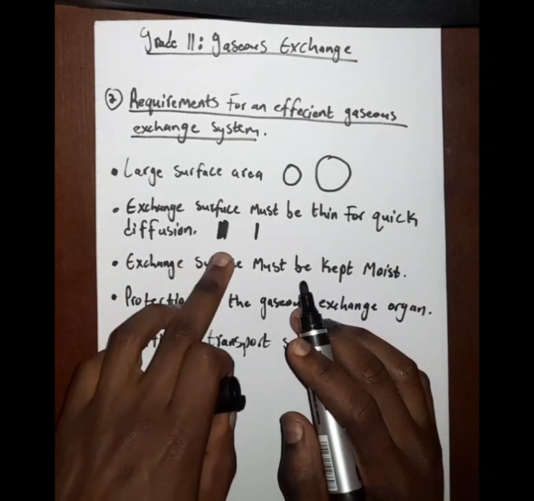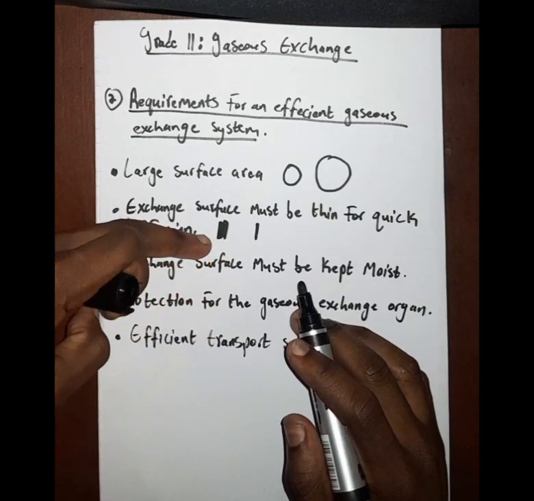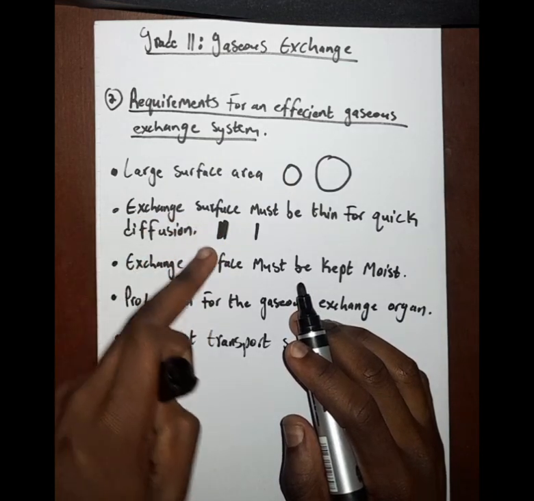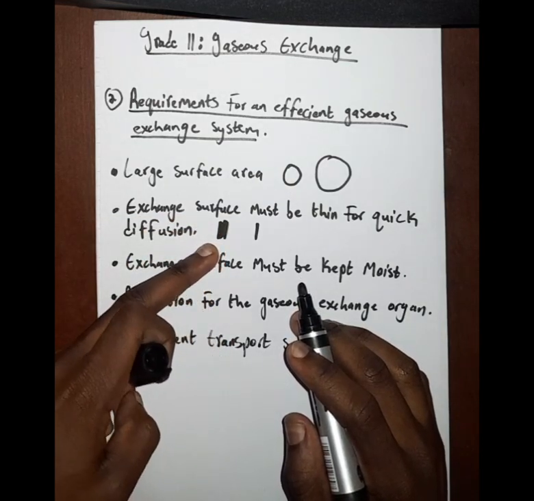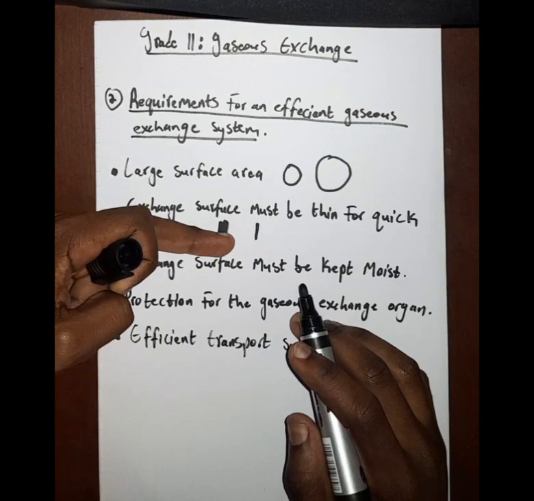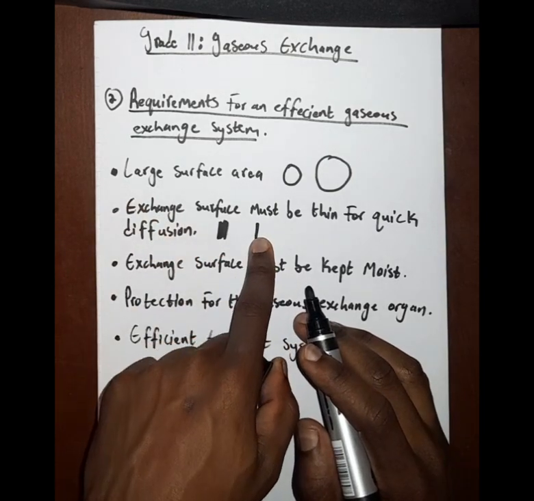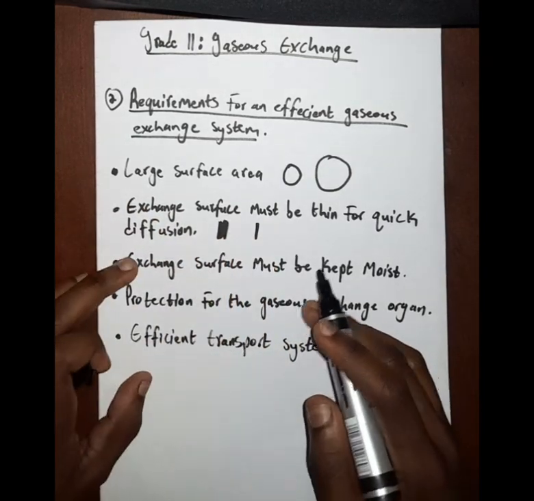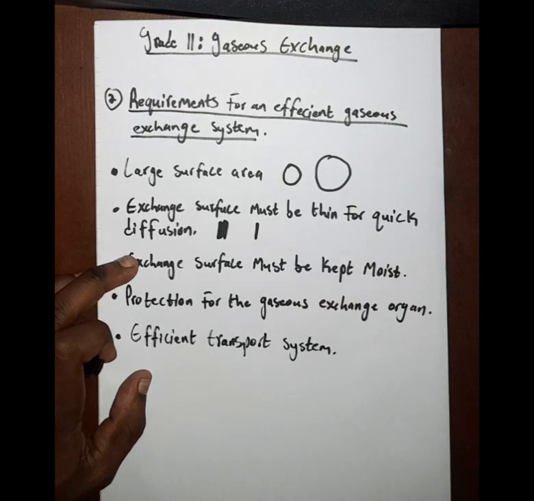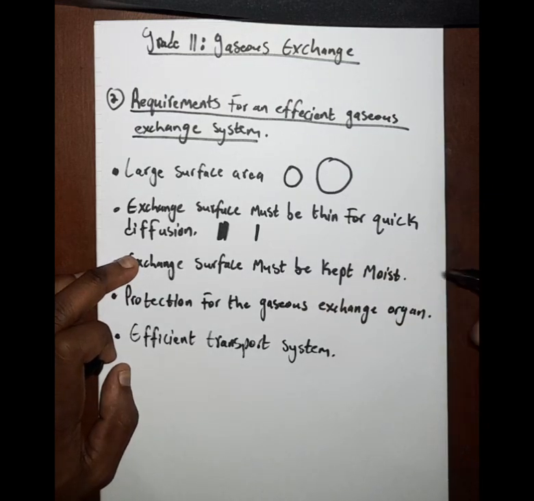Now let's say oxygen had to pass through this wall. This wall is very thick. It will take time for the oxygen to diffuse through this wall compared to this thin wall. Therefore a thin wall is more efficient for gaseous exchange to occur.